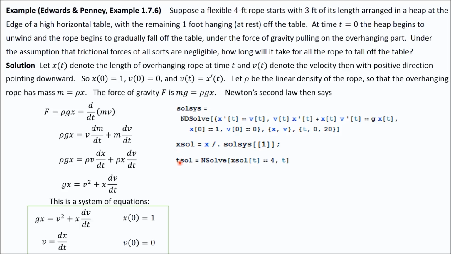And then I just set x of t equal to 4, because I want to know when exactly 4 feet of rope have fallen off the table. So I set my xSol equal to 4 and solve for t to find that t is 0.54. So it takes just over half a second for the rope to fall off the table.